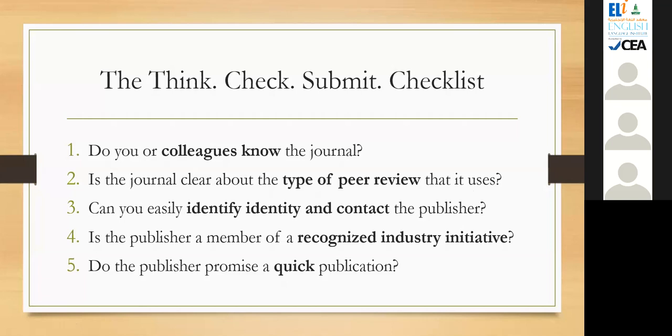It should have editors who review the work and then tell you whether it is accepted or rejected. A good journal should mention all these details: the scope, the aim, the type of reviewing, and how you are going to submit.